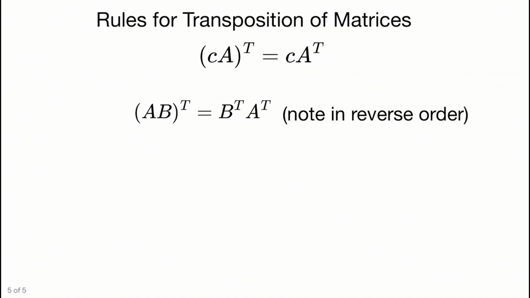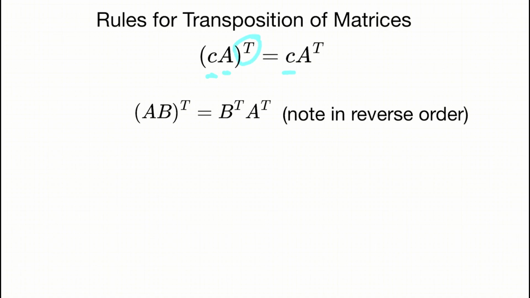Now there's a couple other rules that you want to be aware of that involve the transposition of matrices. This has to do with a constant, which could be just a number, 3, 5, 9, or 1, 2, 3, or 141, times the matrix. And then that's all transposed. That's just equal to, you can factor that out.